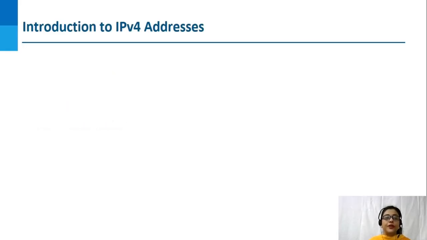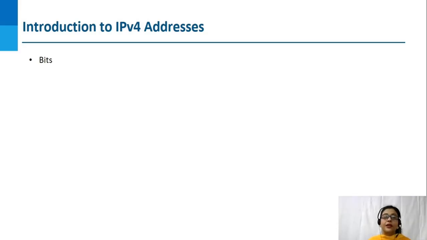Introduction to IPv4 addresses. You see, the devices that are connected to the network or the internet should be understandable by some address space. For example, if you want to send any message from one computer to the other connected through the internet, a proper address must be there.